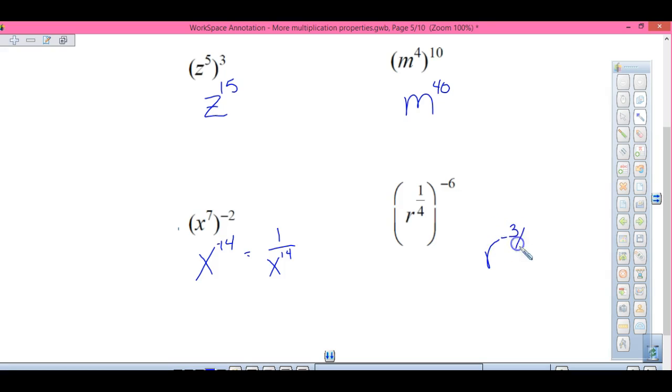So negative 3/2. Now can I have a negative exponent? Nope. So this turns into 1 over r to the 3/2.